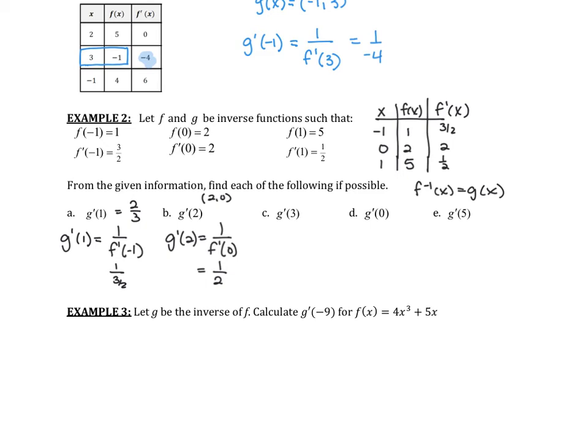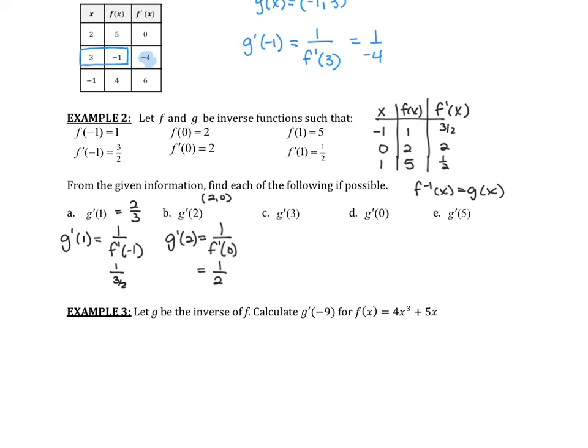Okay, hit pause and try C. Okay, so this one gives us g prime of 3. Anybody have any luck? There isn't a g prime of 3. We don't have any value for g of 3. We don't know anything.